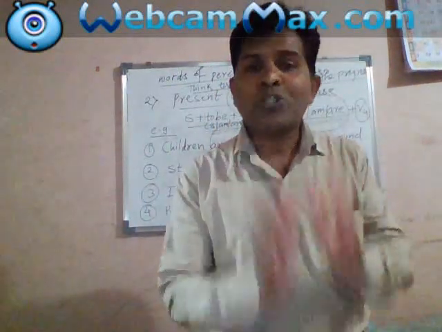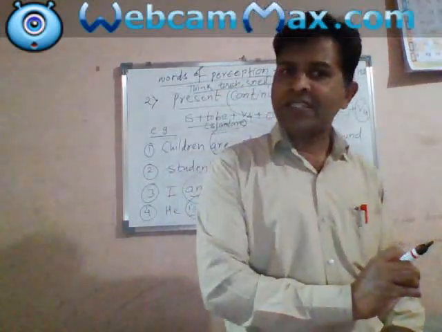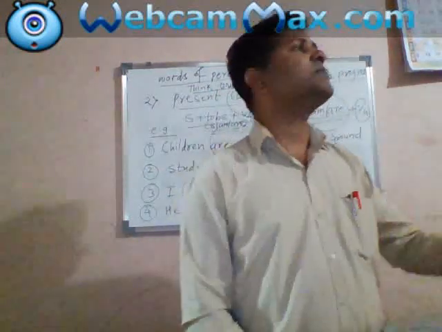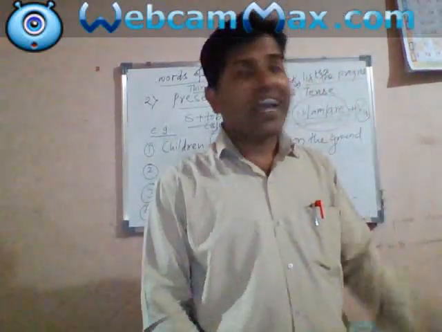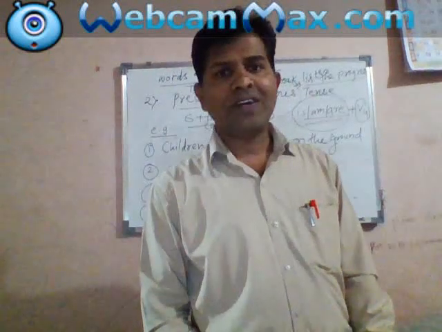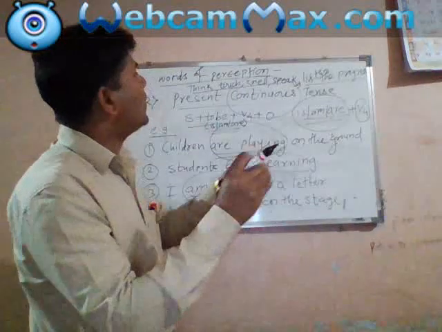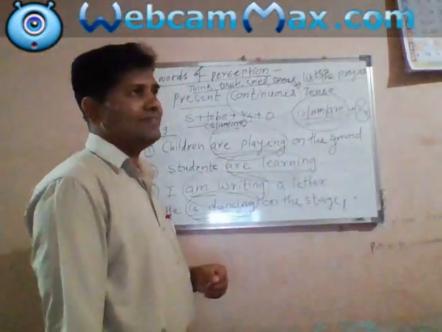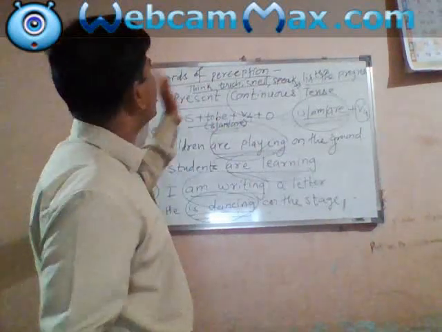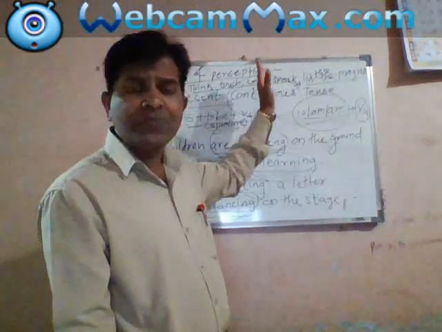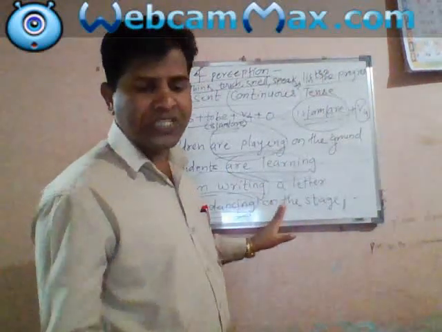Then most of the time you must use these words in simple present, and you must say, I smell the flower, I touch him, I think, I taste, or I listen. I am listening is not correct usage. So words of perception must be used in simple present tense.